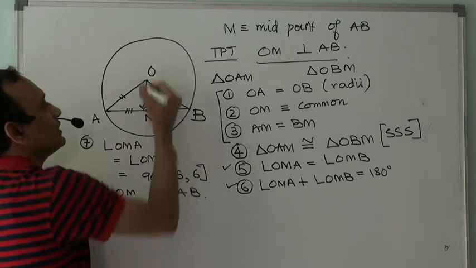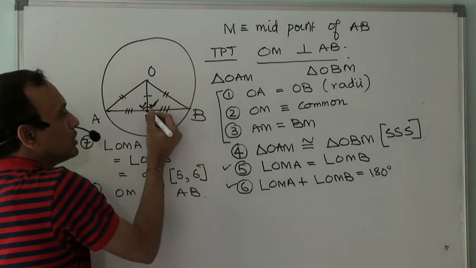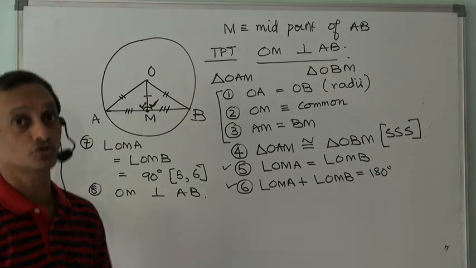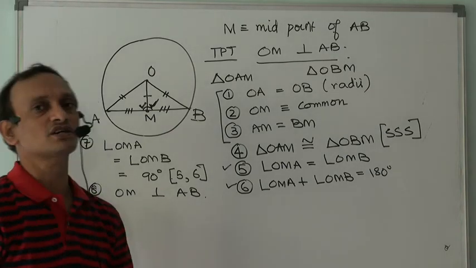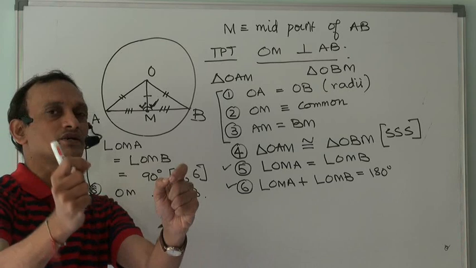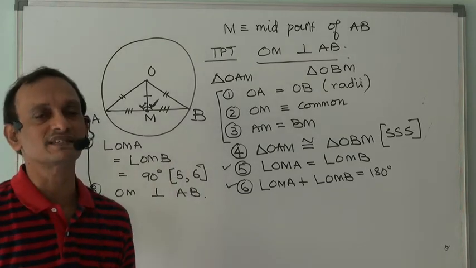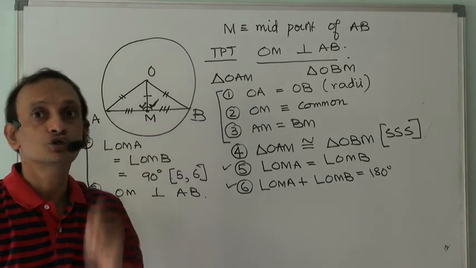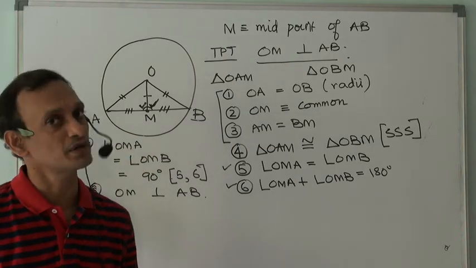That means if from the center you draw a line that bisects a chord, then it must also be perpendicular to the chord. So this brings us to the basic result on circles. A perpendicular from the center to a chord must bisect the chord, or if a line is drawn from the center to the midpoint of the chord, then it must be perpendicular to the chord.